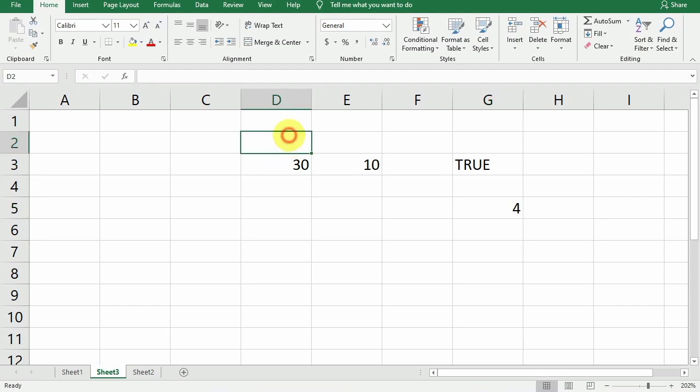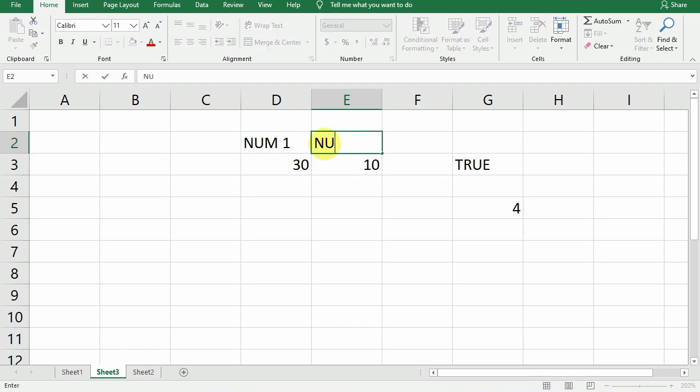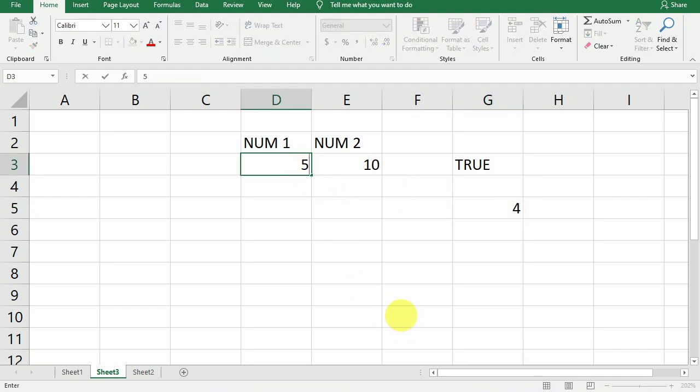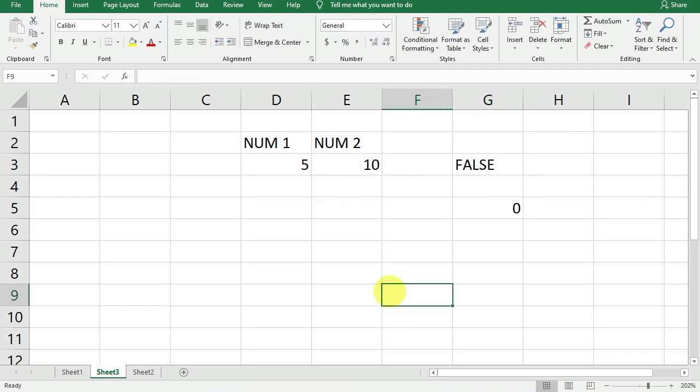For the fact that our number 1 is greater than our number 2, this answer will keep on remaining 4. But the moment I take this down to 5, it gives us 0.